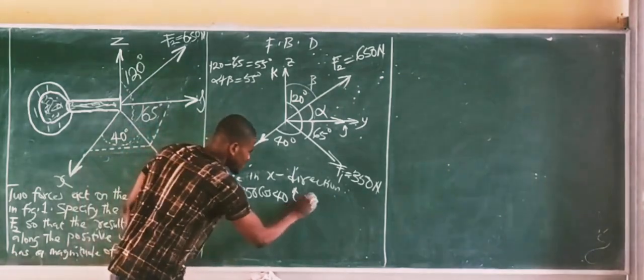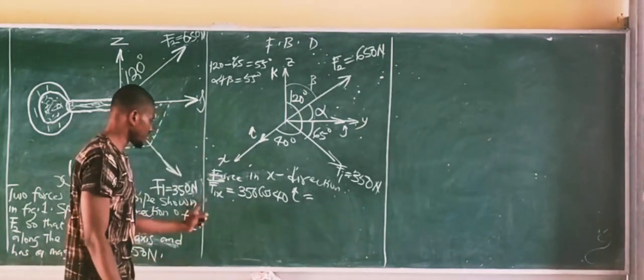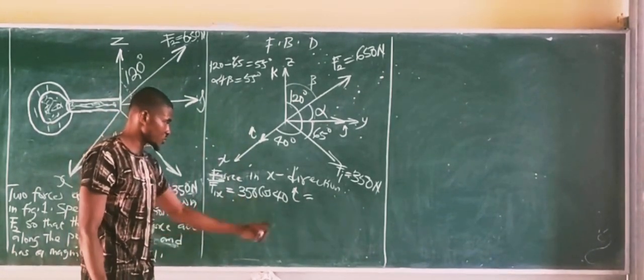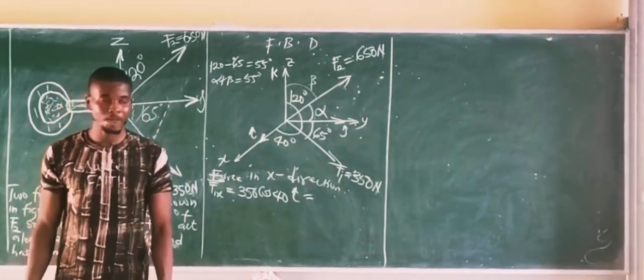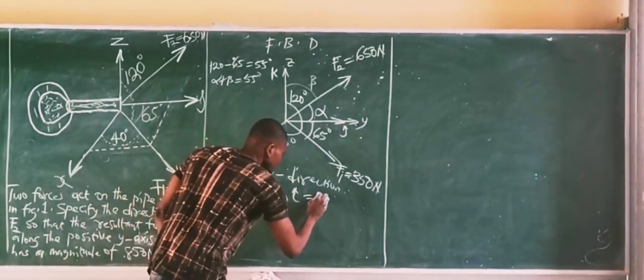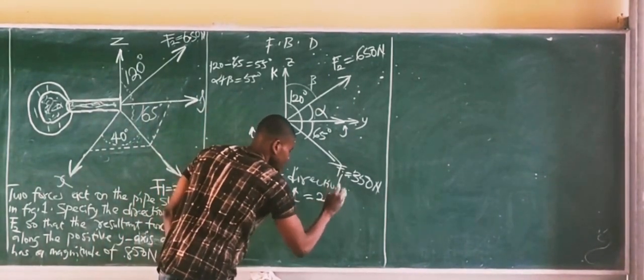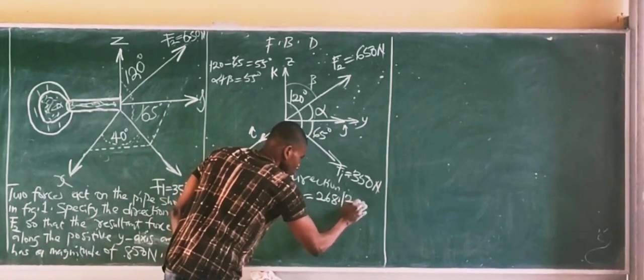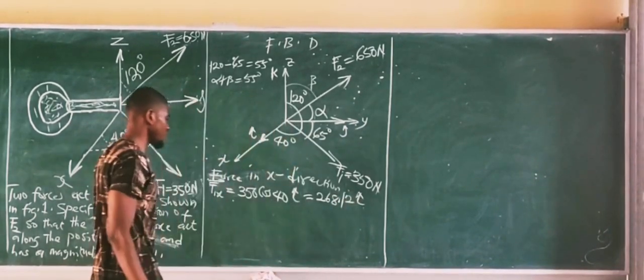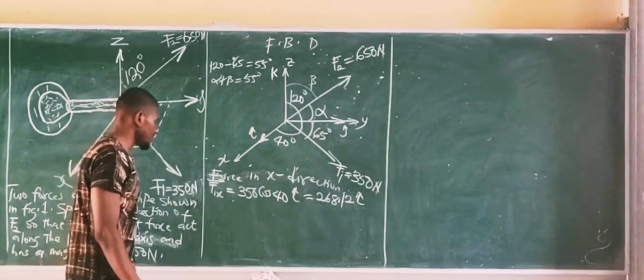So F1x in the x direction is equal to 350 cos 40. What is 350 cos 40? 268.1155. So that is the force of F1 in the x direction.